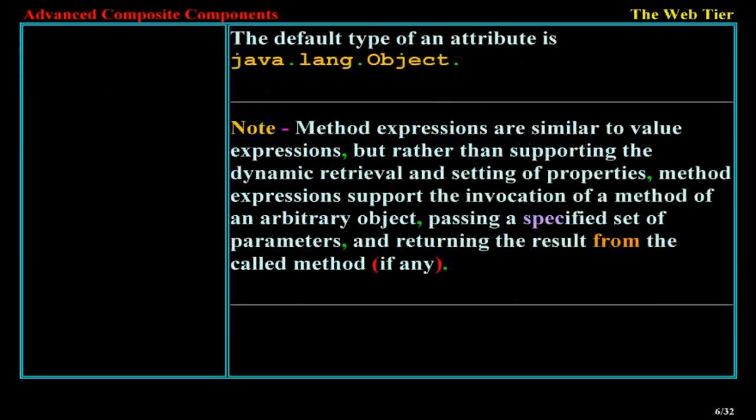The default type of an attribute is java.lang.Object. Note, method expressions are similar to value expressions, but rather than supporting the dynamic retrieval and setting of properties, method expressions support the invocation of a method of an arbitrary object, passing a specified set of parameters, and returning the result from the called method if any.